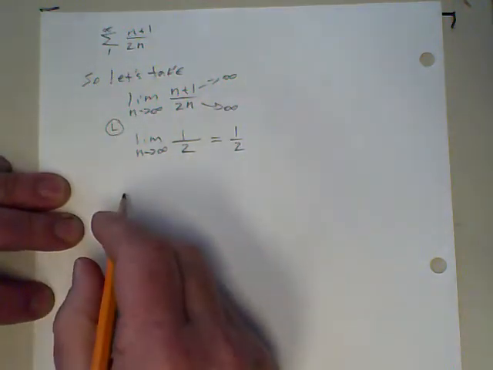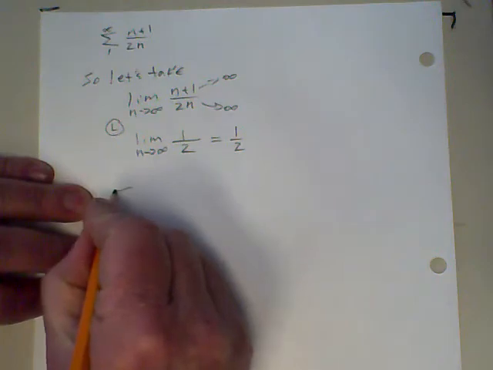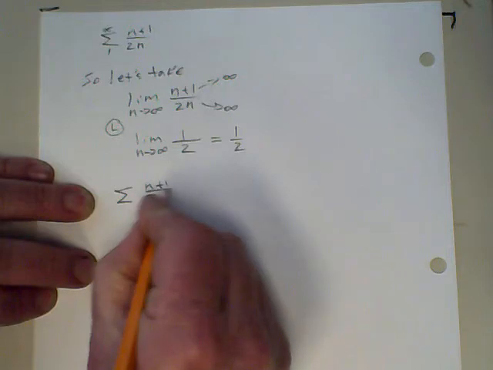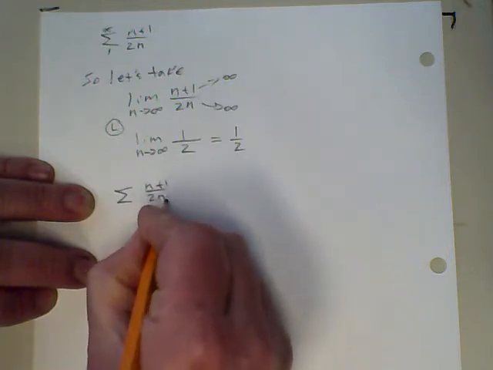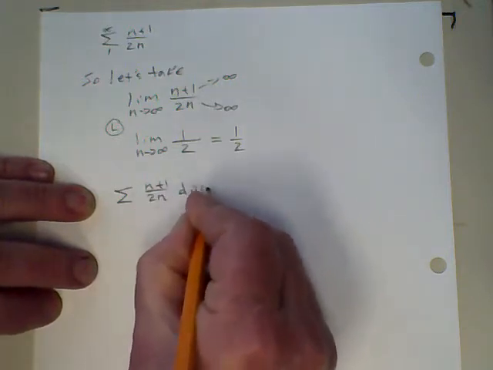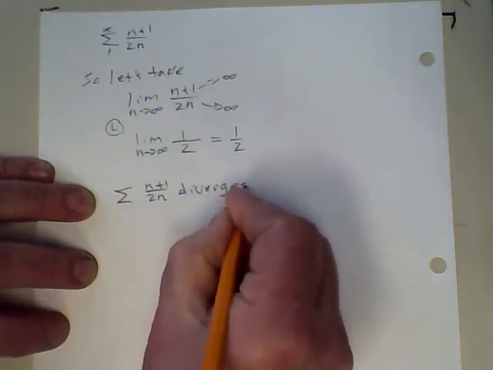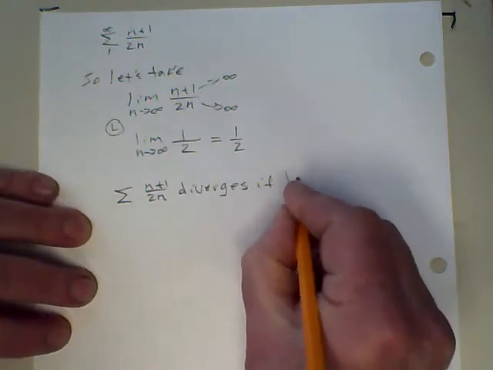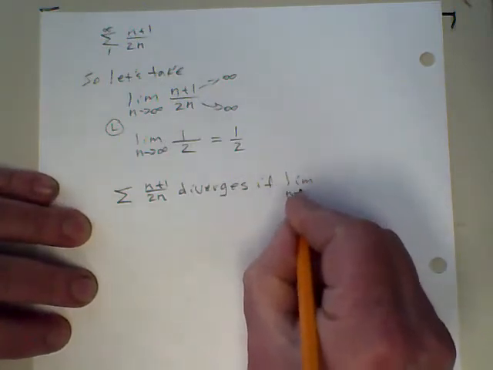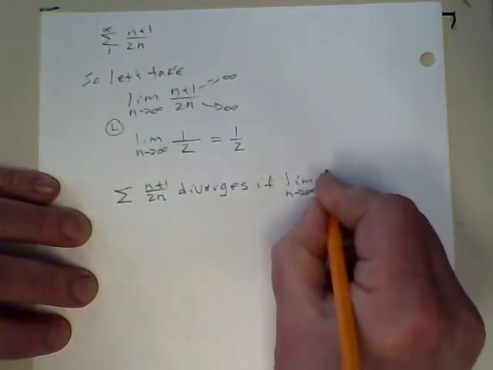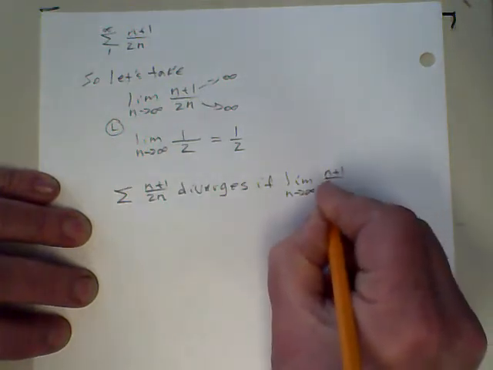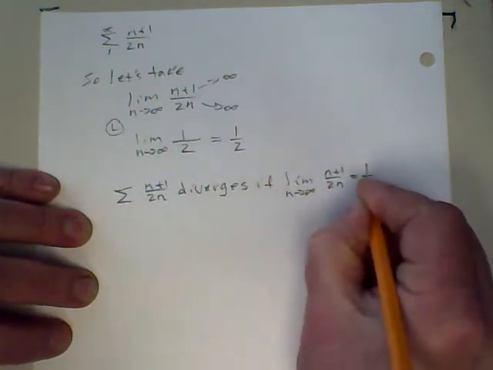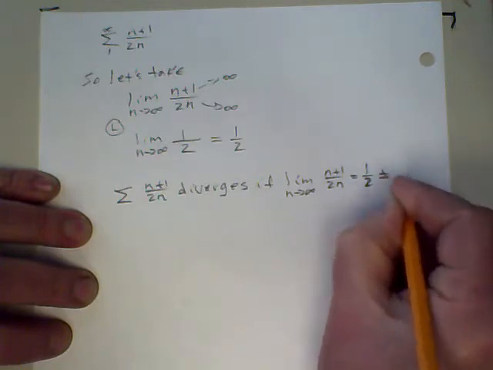And the test for divergence says that the series diverges if the limit of the nth term is not equal to 0.